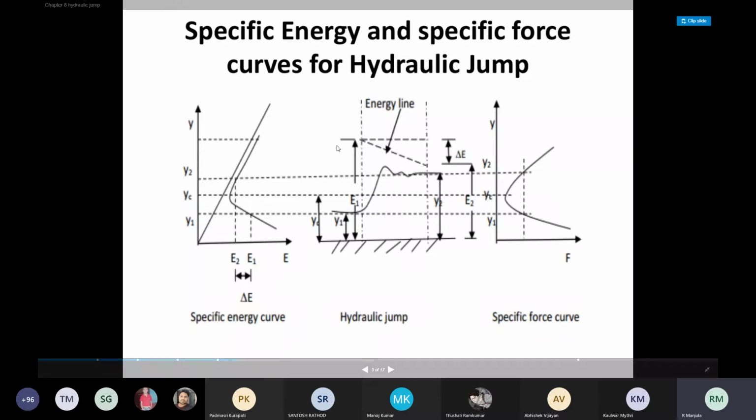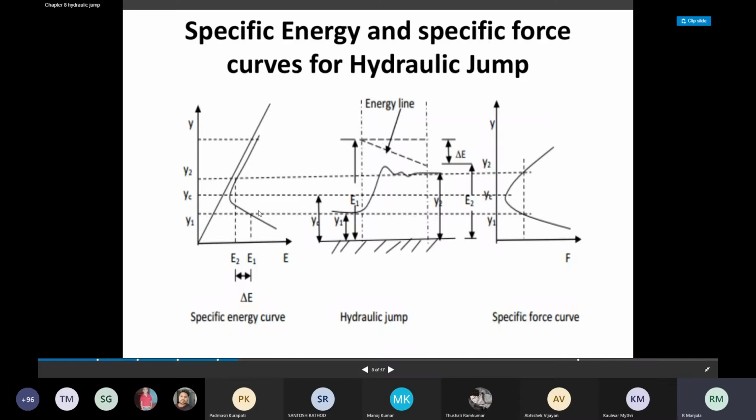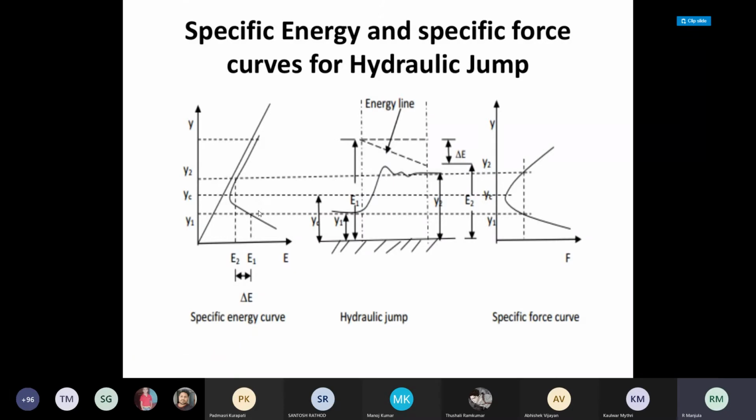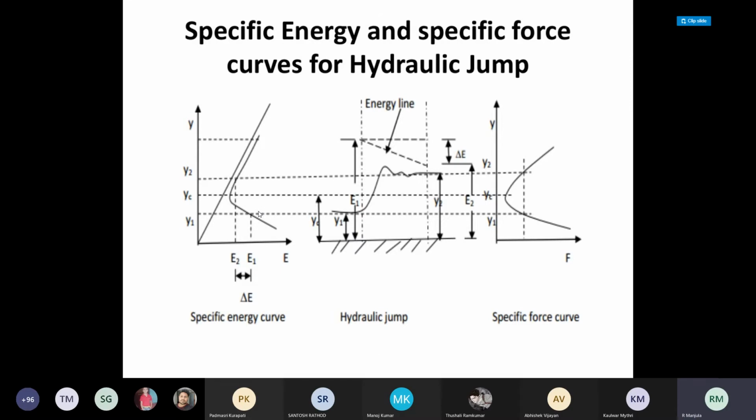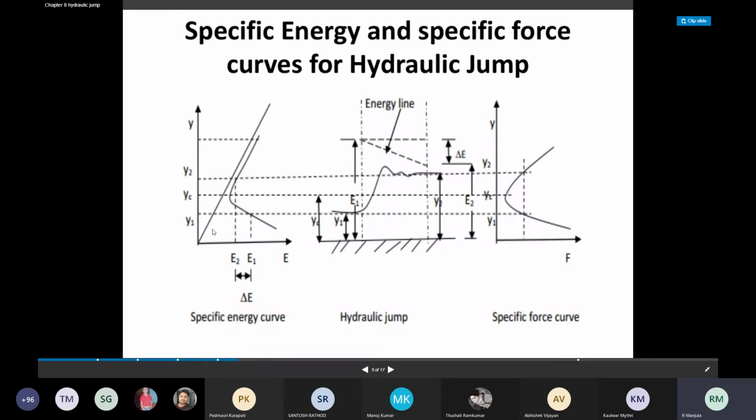Y1 is nothing but your hydraulic gradient, or Z1 plus H1, where H1 is the pressure head of the water at cross section 1. So that is going to be your Y1. And Y1, Y2 are the alternate depths. You can see Y1, Y2 are alternate depths.